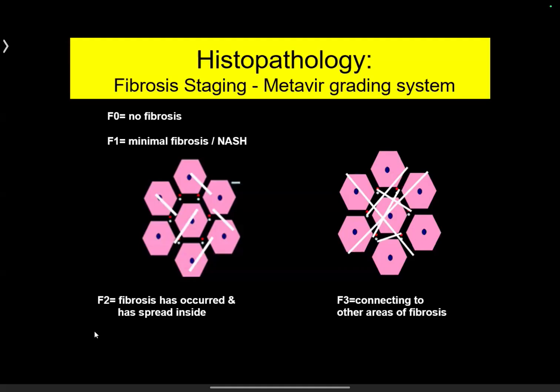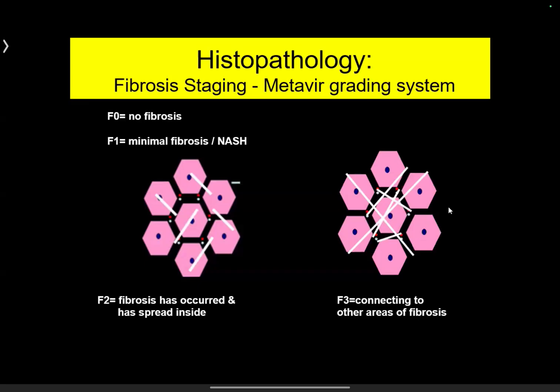F2 is a stage where the fibrosis is going from one hepatic lobule to another hepatic lobule. Then comes stage 3 where they are interconnecting to each other and they start involving the portal triads. So again, this is an alarming stage where intervention is required.